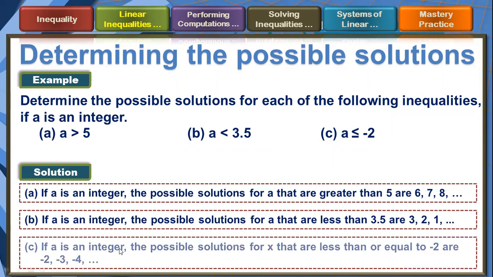If A is an integer, the possible solutions for A that are less than or equal to negative 2 are negative 2, negative 3, negative 4. So this one, negative 2 is included because of the word equal here. So negative 3 and negative 4.